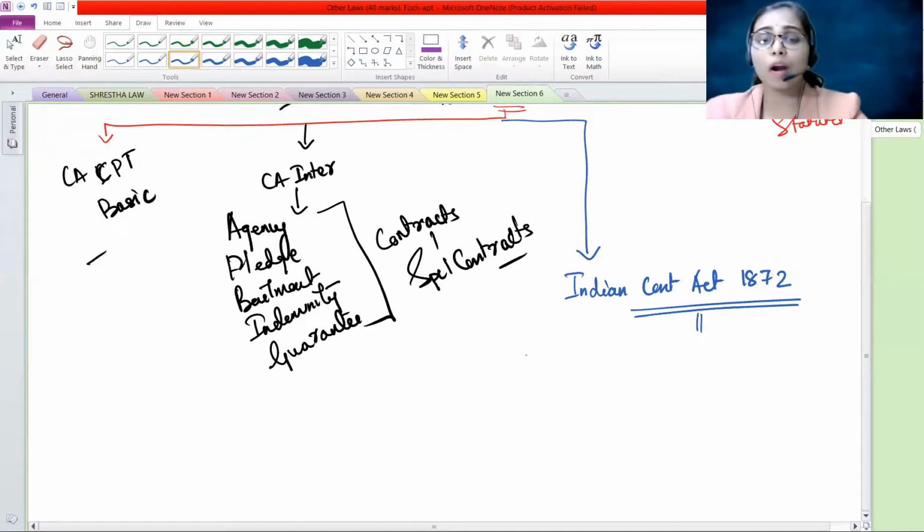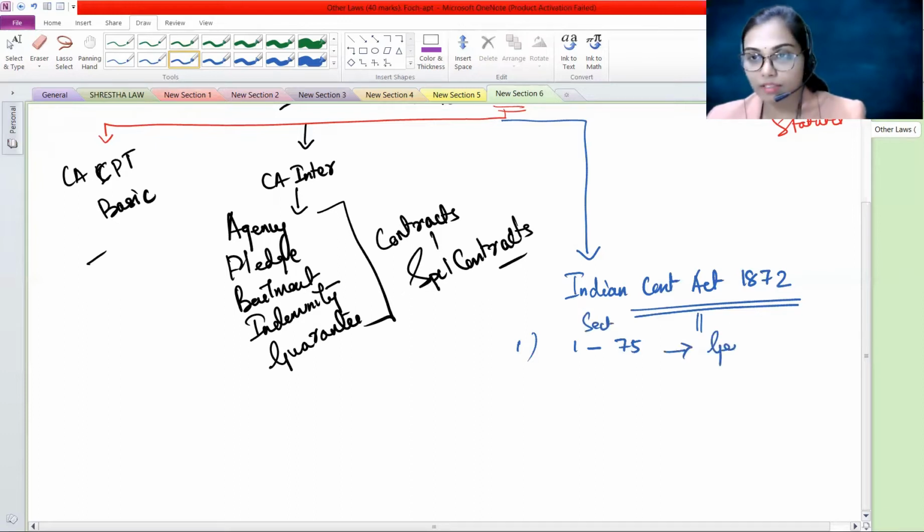The first part is sections 1 to 75, the general provisions.